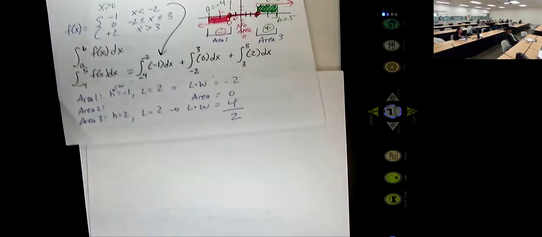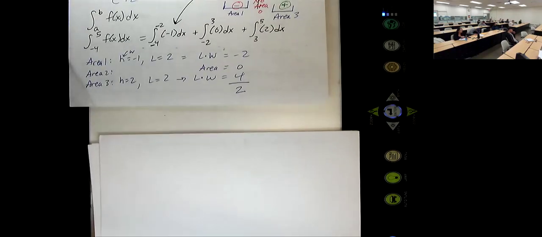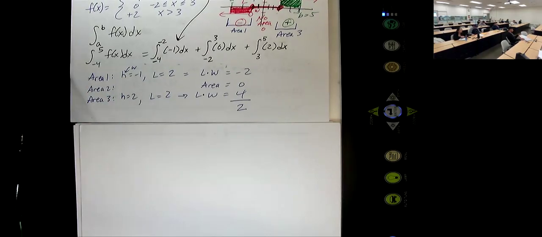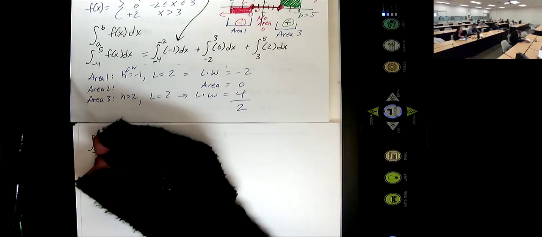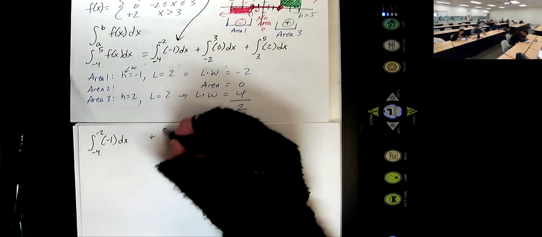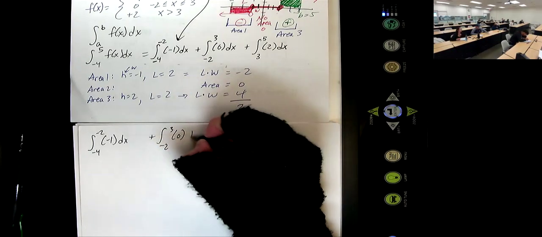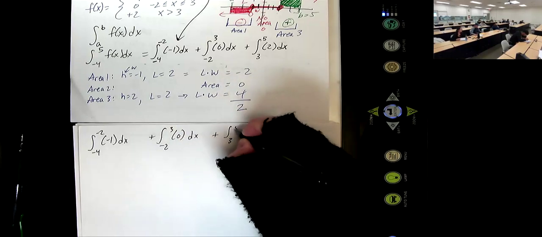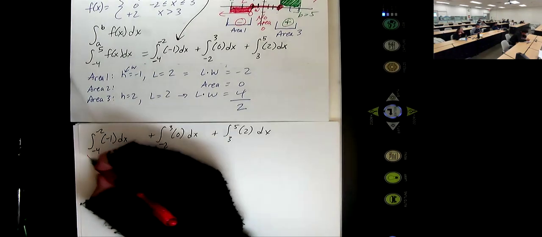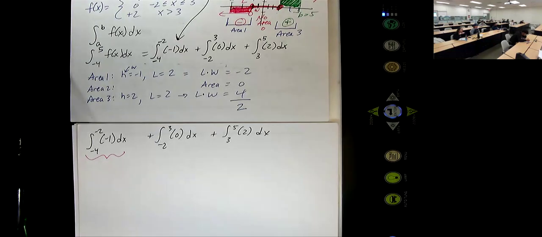So how do our intervals work here? Let's look at adding in the interval part. Ignoring the boundaries or limits of integration, what would this integrate to? It's negative x, right?